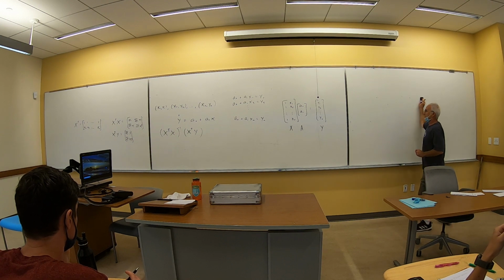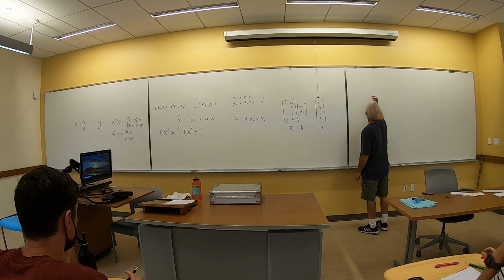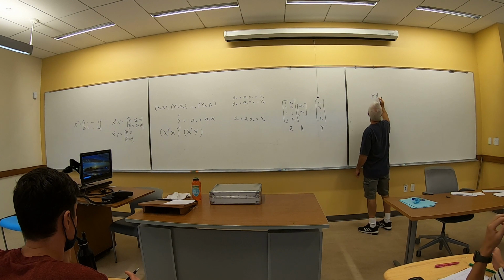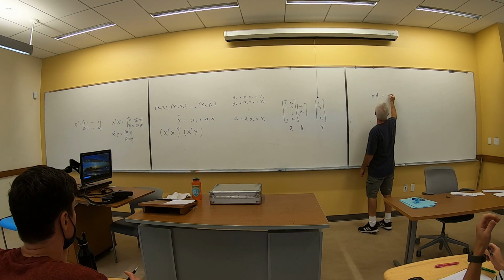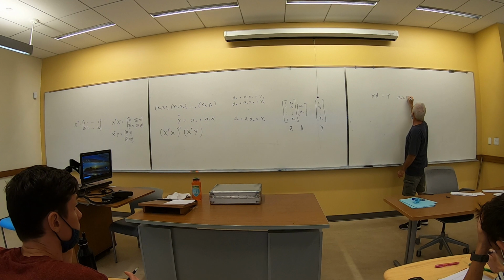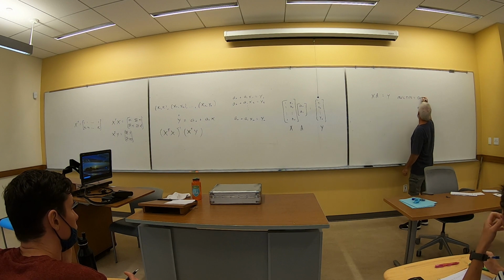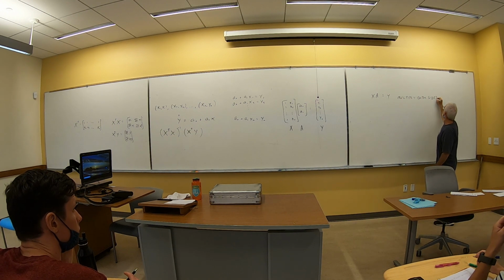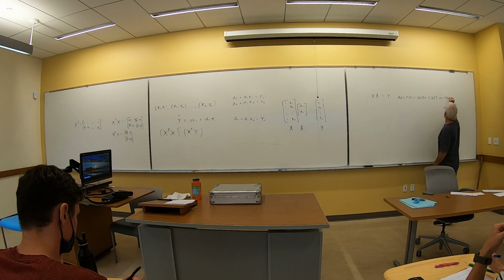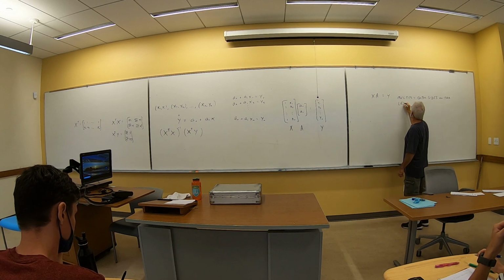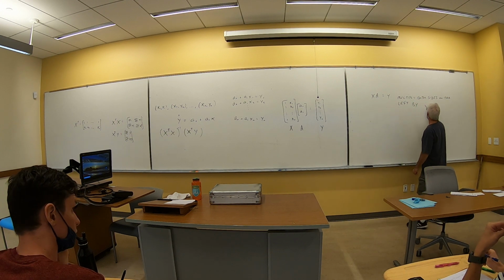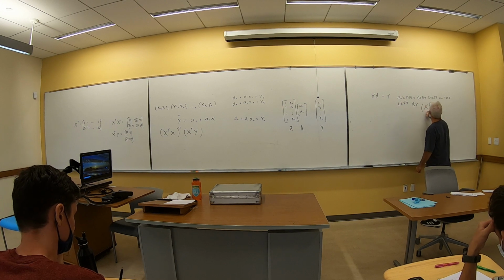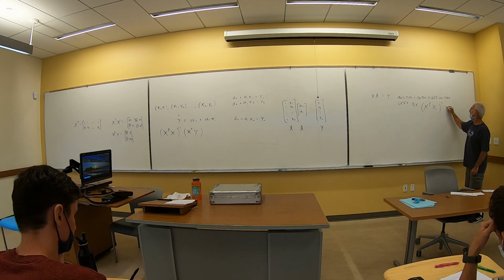Let's go back to our weird equation. I have XA equals Y. What if I multiply both sides on the left by X transpose X inverse X transpose?